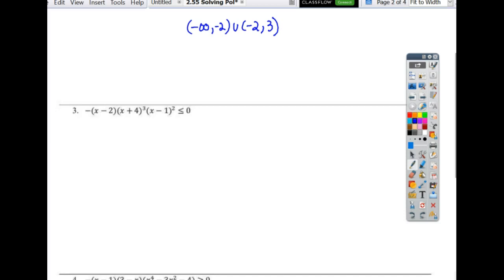Okay, so example 3. Draw the number line. So I'm going to have -4, that's here. I'm going to have +1 and +2. So I have to test this, this, this, and this. And this time it's a line, and so it's a closed circle, and this time I want my negative answers.